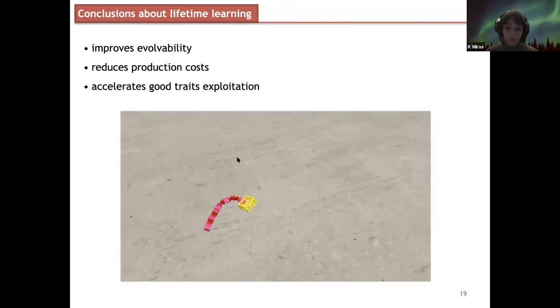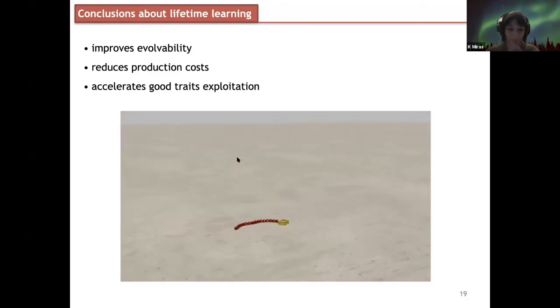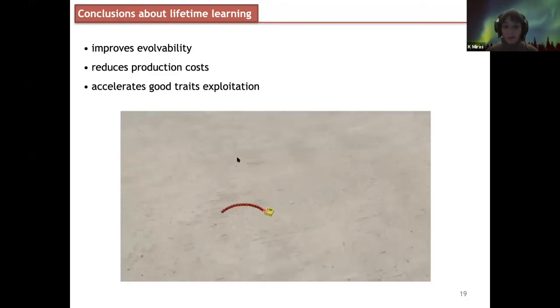So this is the evolvable ones, just sloppy snakes rolling or kind of dragging around.